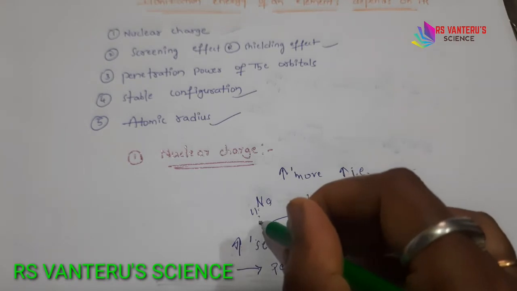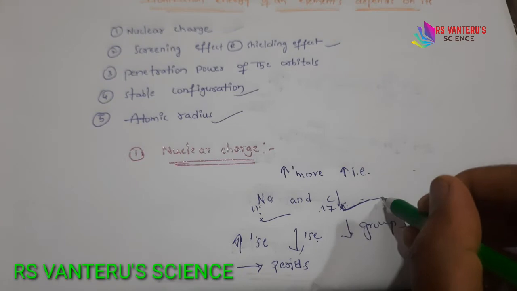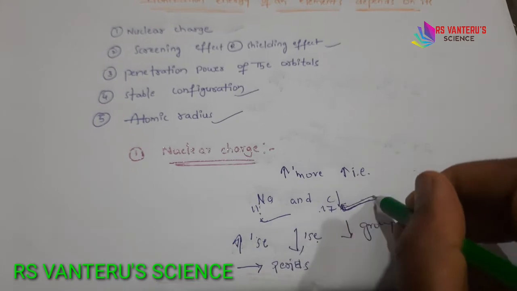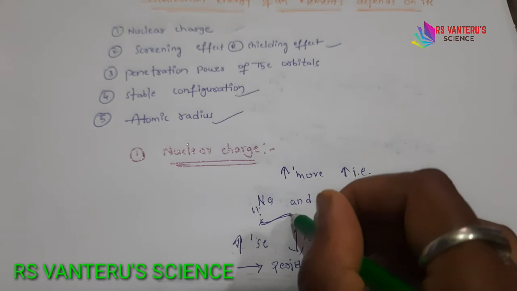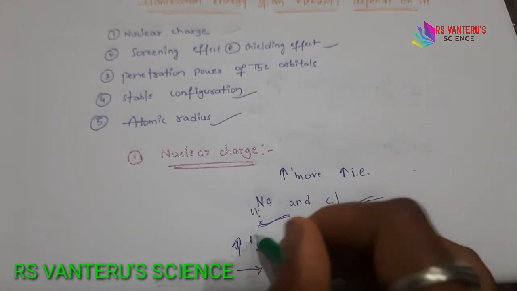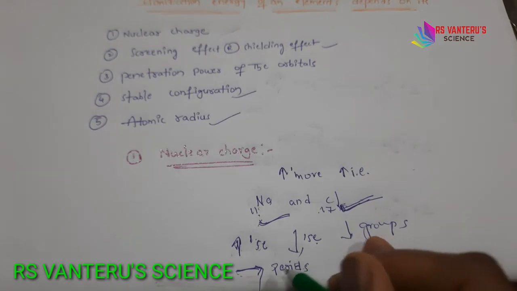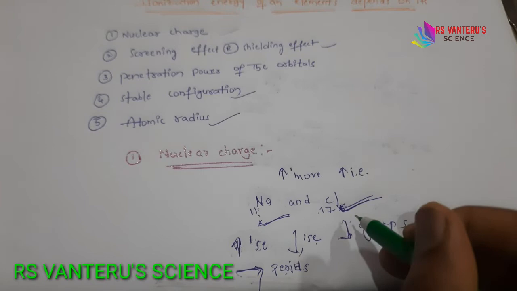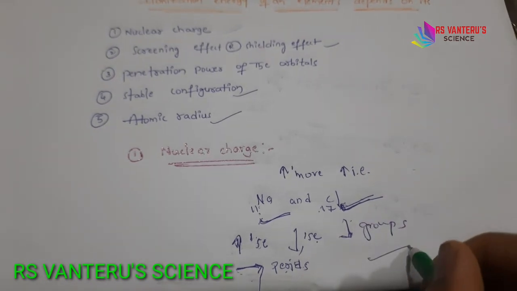Between sodium 11 and chlorine 17, the chlorine atom has more ionization energy. This is nuclear charge.